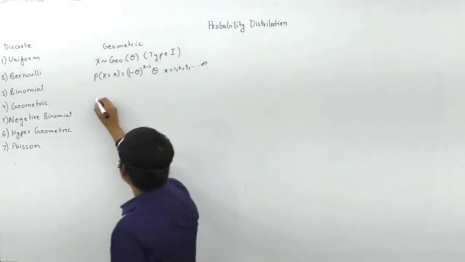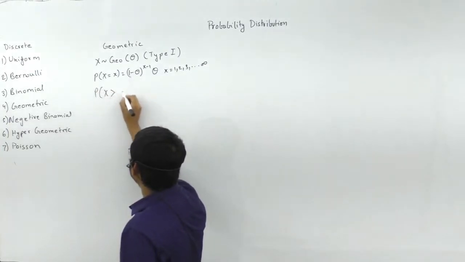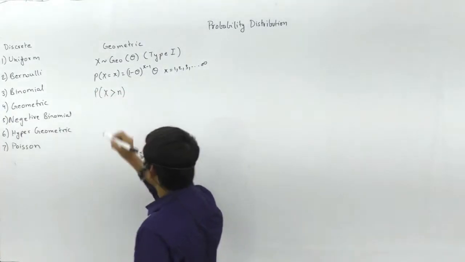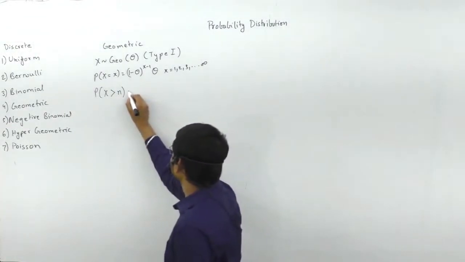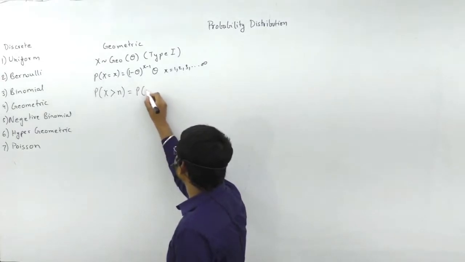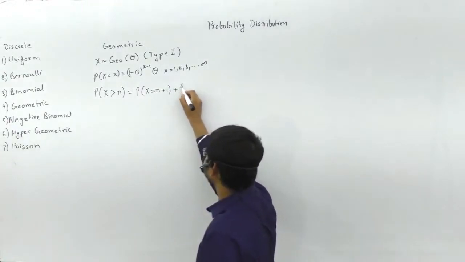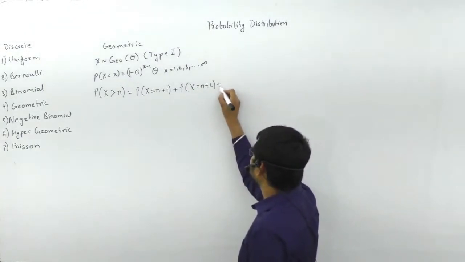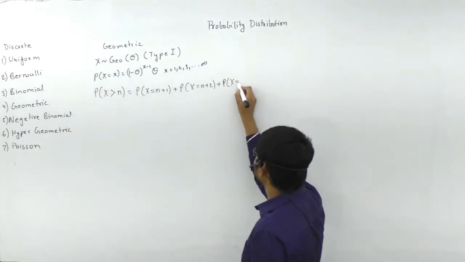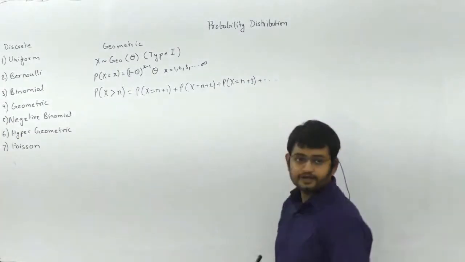Now if I want to find probability x greater than a particular value n, probability x greater than n would be nothing but probability x equal to n plus 1 plus probability x equal to n plus 2 plus probability x equal to n plus 3 and so on till infinity.